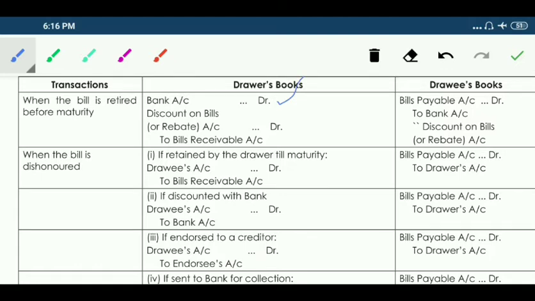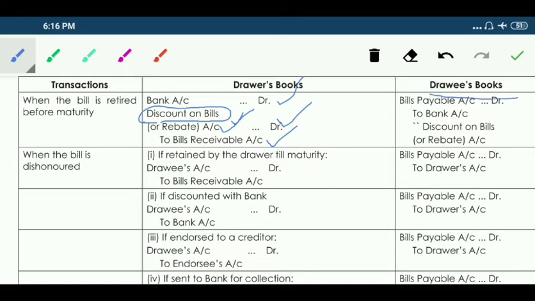The rebate is a loss to the business, that's why it is debited. The rebate account is debited to bills receivable account because we already debited the bills receivable account in the books of accounts. Now we credit the bills receivable account to close it. So bank account 9,800 rupees, rebate account 200 rupees, to bills receivable account 10,000 rupees.